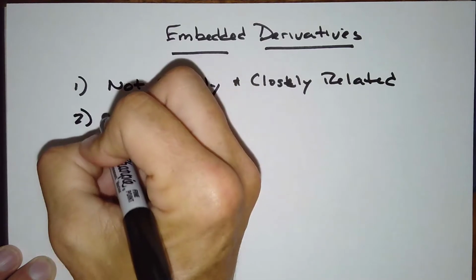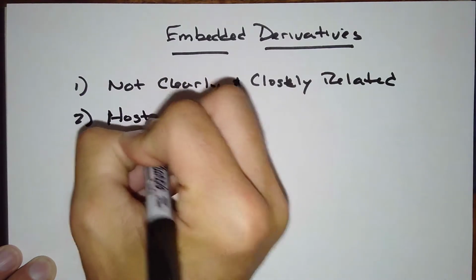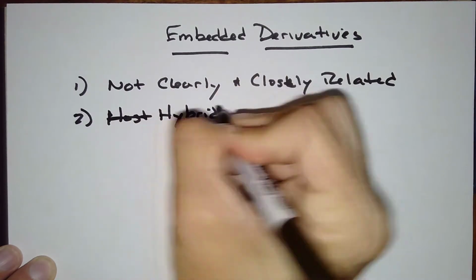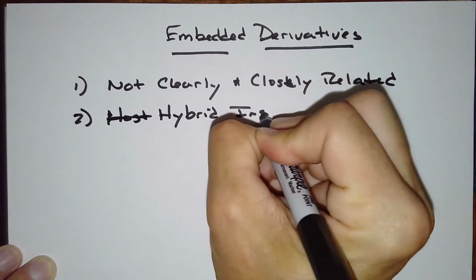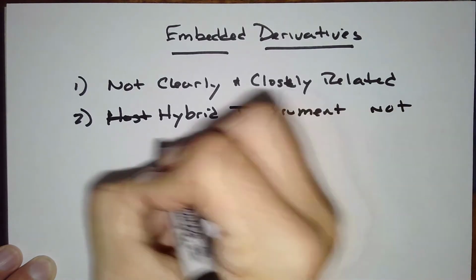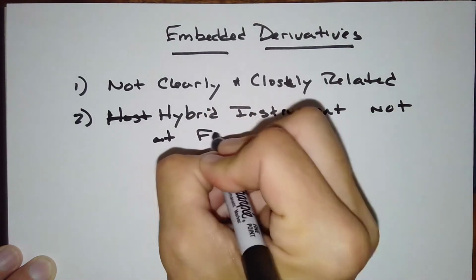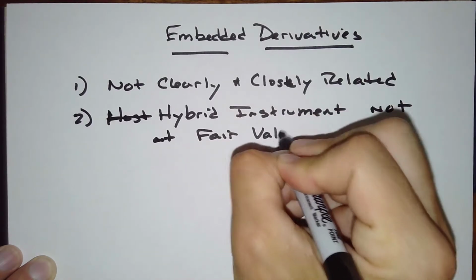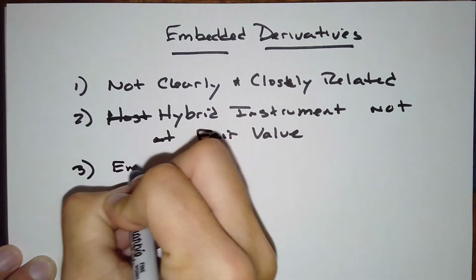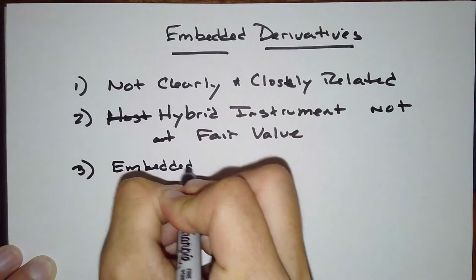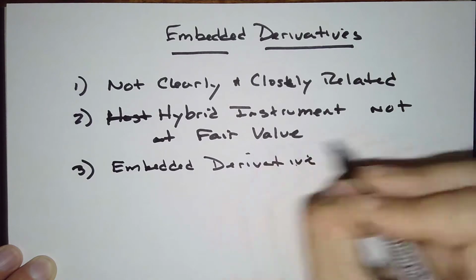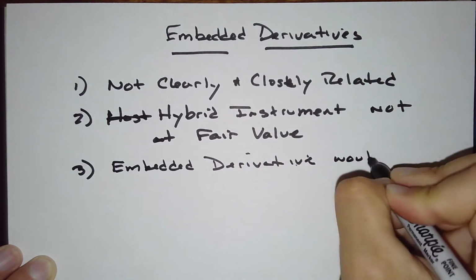Two, host, or I should say hybrid instrument, not at fair value. And three, the embedded derivative would be freestanding.